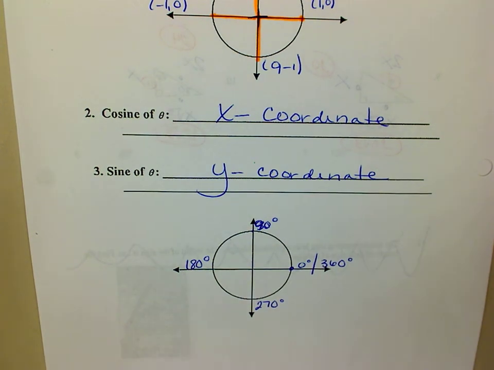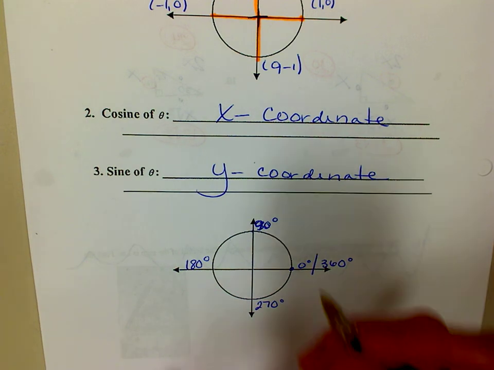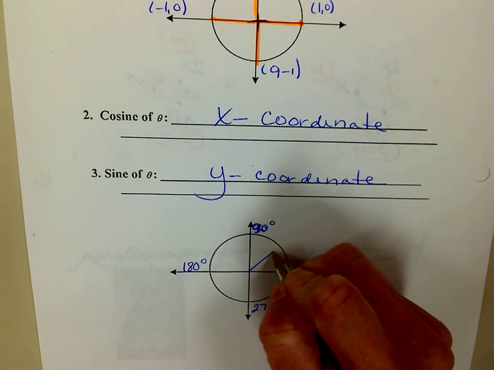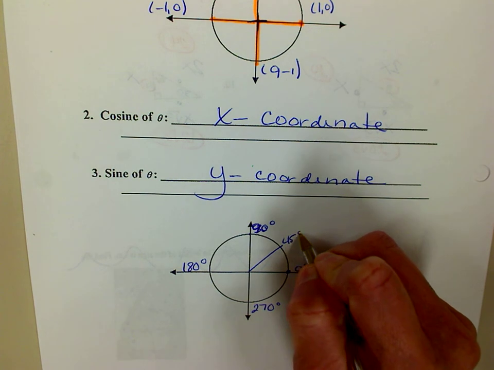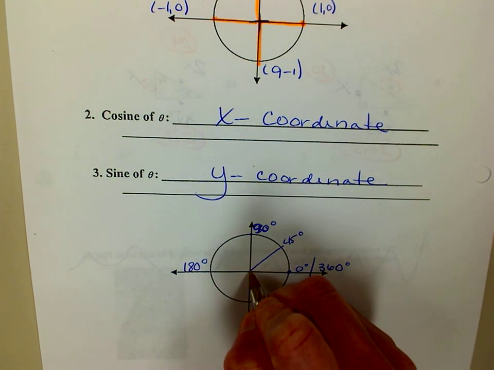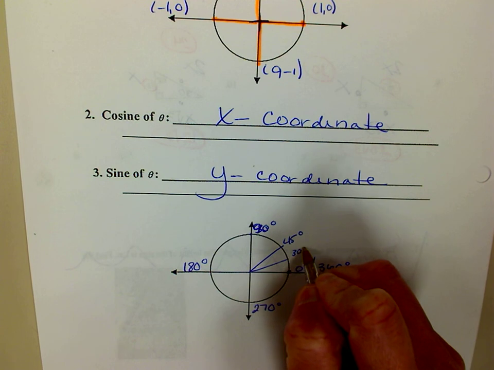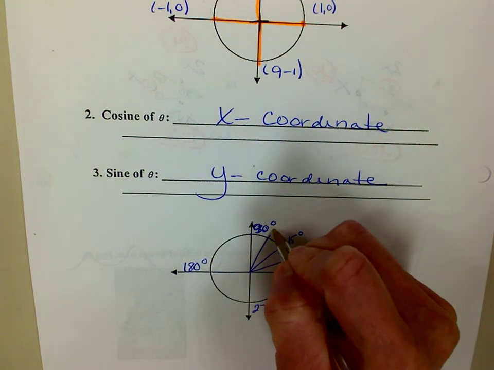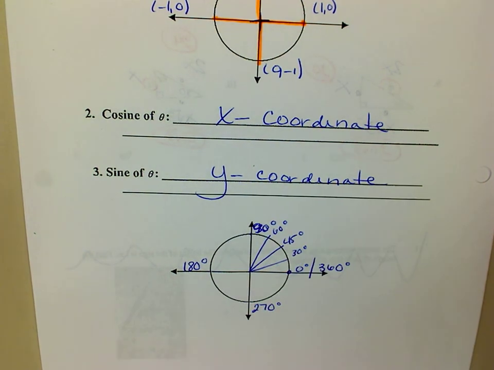And then we also have degrees that are in each quadrant as well. So right in the middle would be 45 degrees, and then this would be 30 degrees, and this would be 60 degrees. This comes from our special right triangles that we talked about back in lesson 8.2.